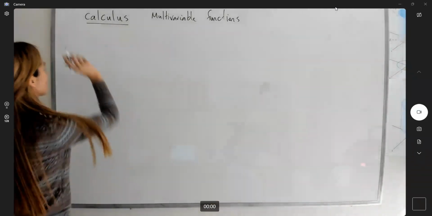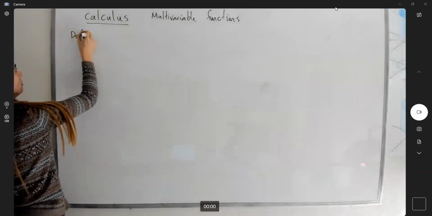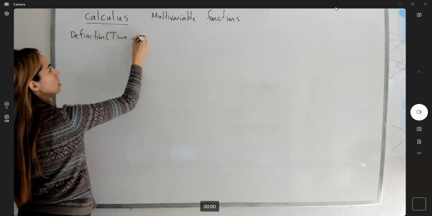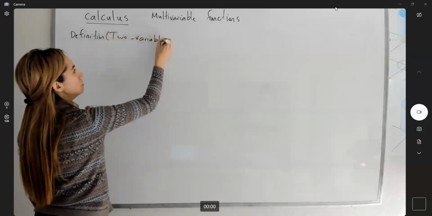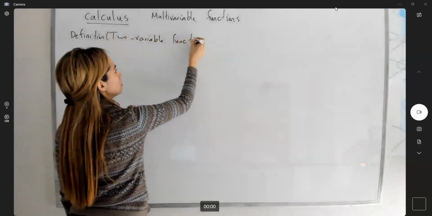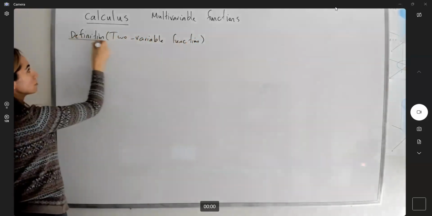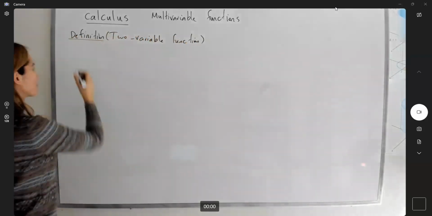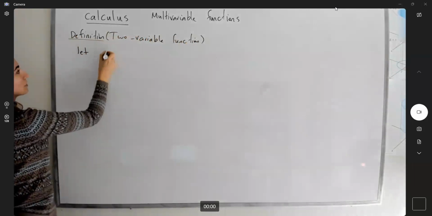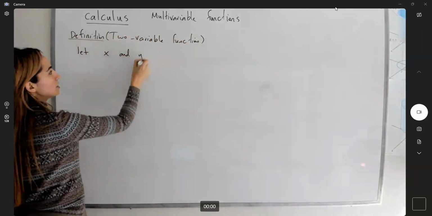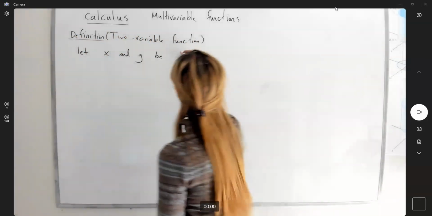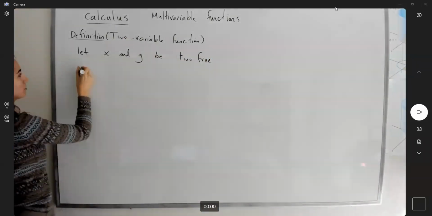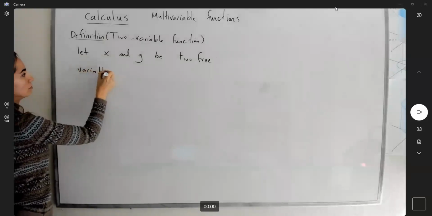So, the definition of a two-variable function. Now we're introducing three variables. Let's define the two free variables. Okay.